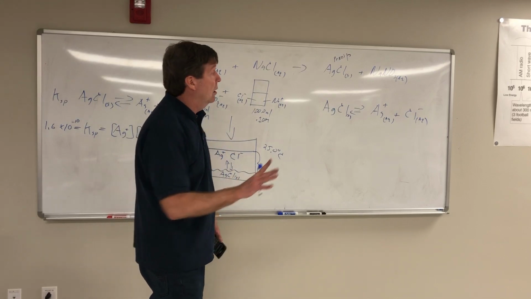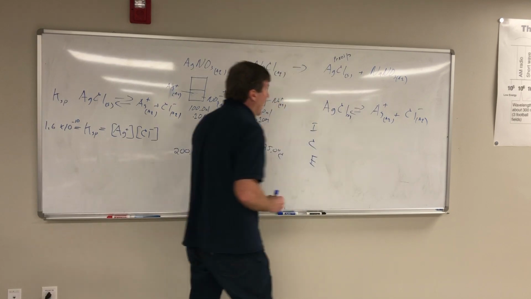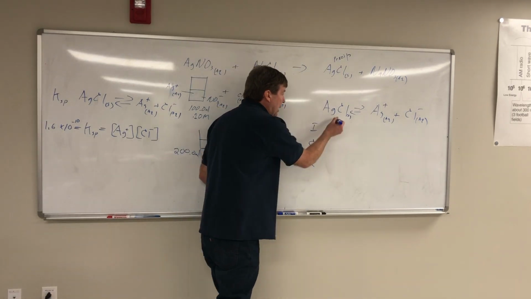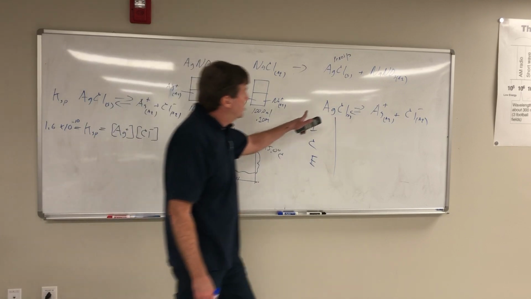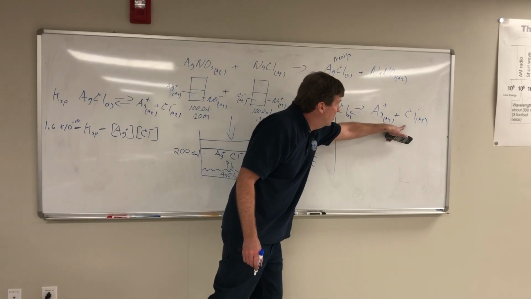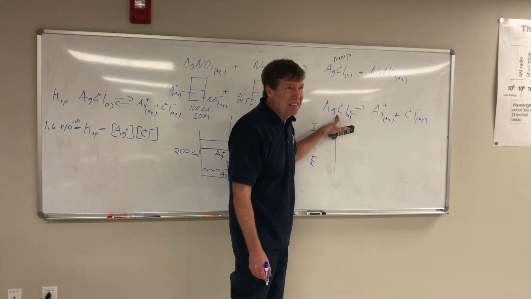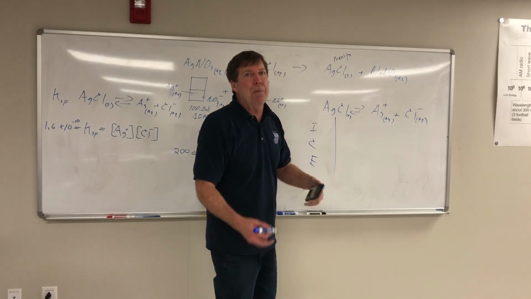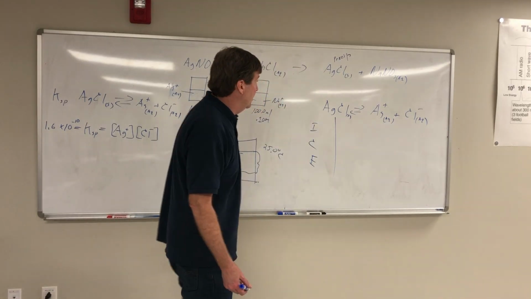Proud, I'm very proud. Let's go ahead and write ICE here. And notice, since this is a solid, we don't have to concern ourselves with that. Again, this tiny bit of change from the ionization is small, so the amount's not changing. So we're just going to concern ourselves with these ions.